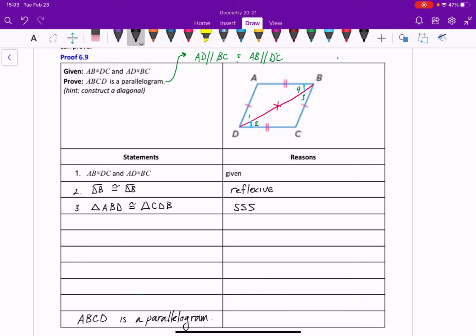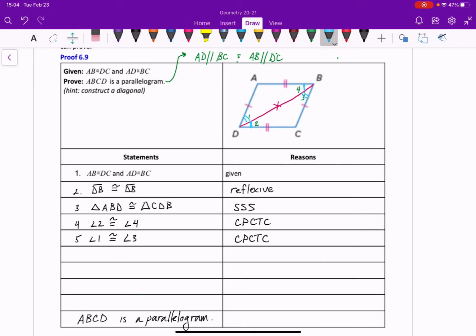So in my next step, I'll say that angle 2 is congruent to angle 4, and that's by corresponding parts of congruent triangles are congruent. I can make a similar argument that angle 1 must be congruent to angle 3 by the same reason. And I'll mark those as congruent.